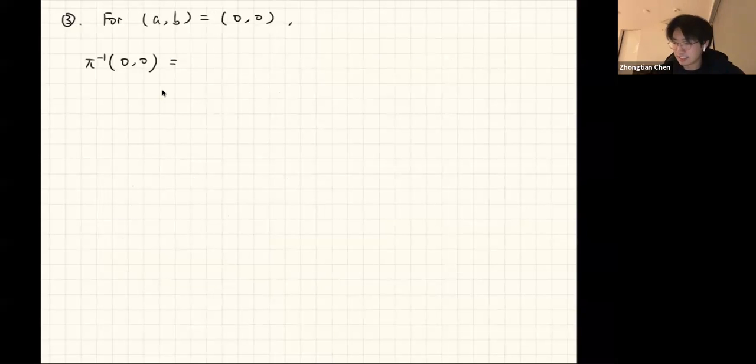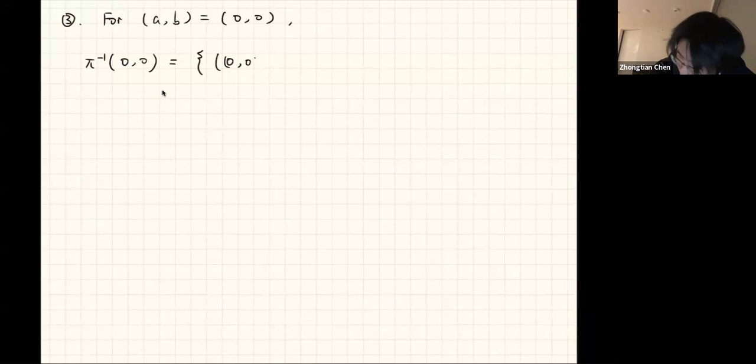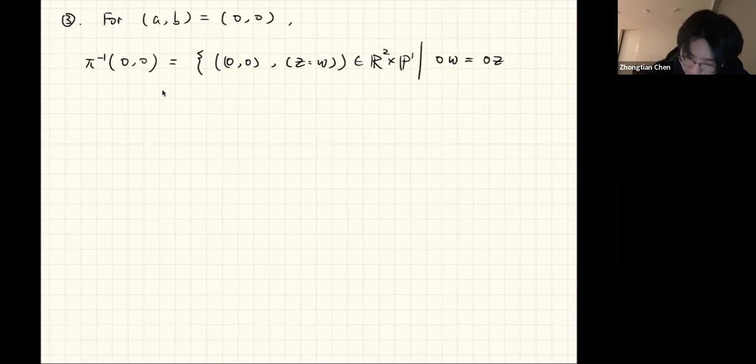Anyway, now let's look at the pre-image at the origin. Then we can just compute. This will be points in this product space satisfying this relation. Then this is always true, so there's no constraint.